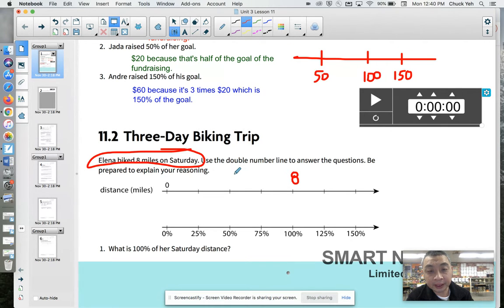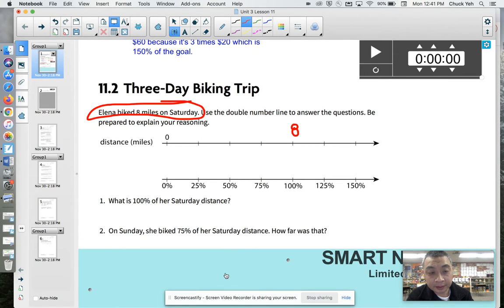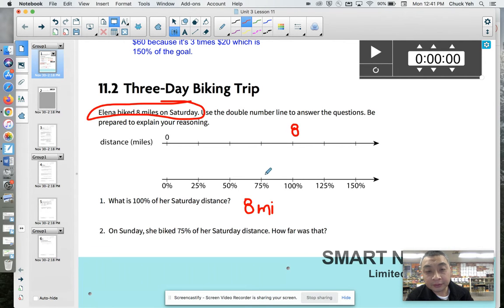It would be 8. Does that make sense, right? 8 miles is 100%. On Sunday, she biked 75% of that. How far was that? Well, to find that out, what's half of 8? 4. So that's 4 miles here.